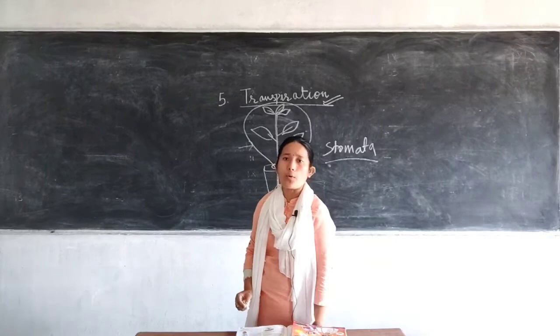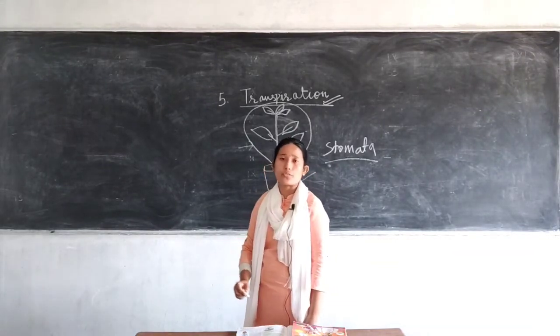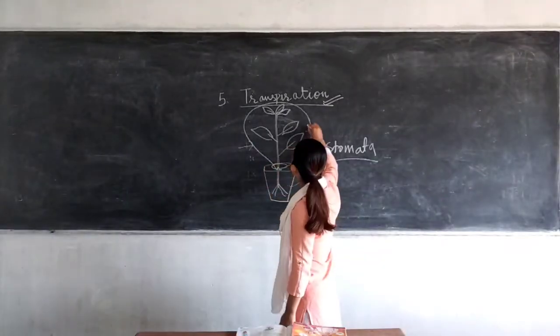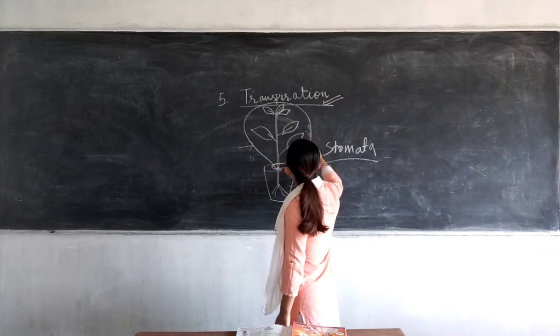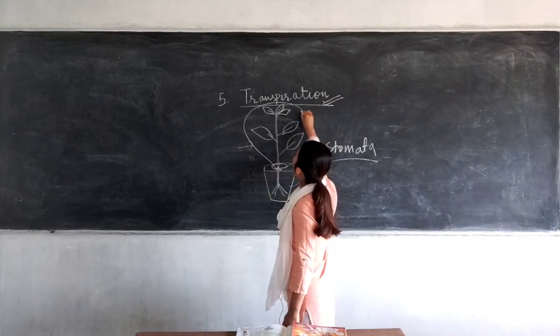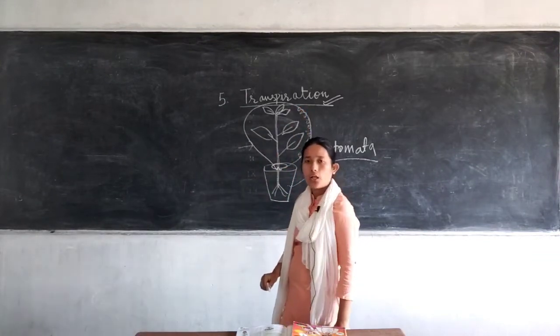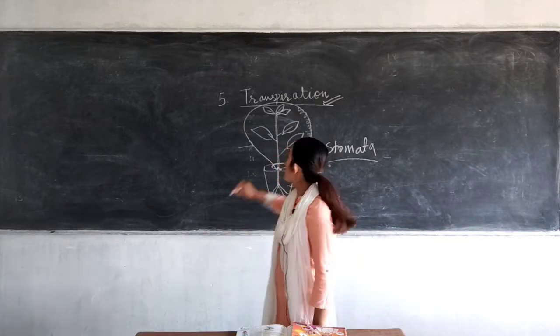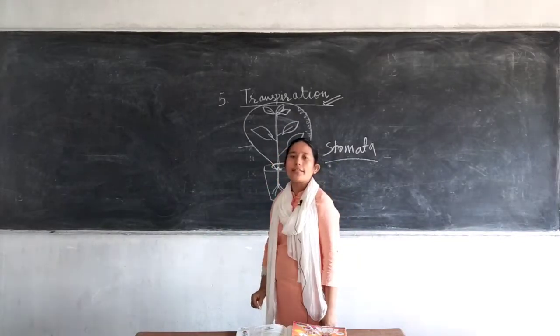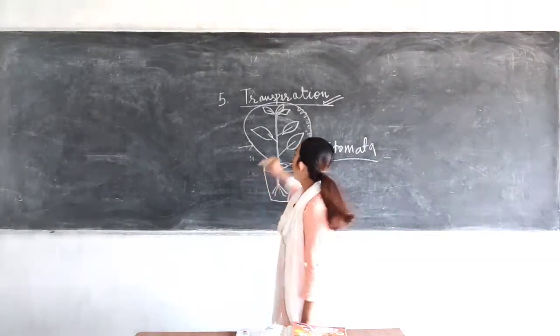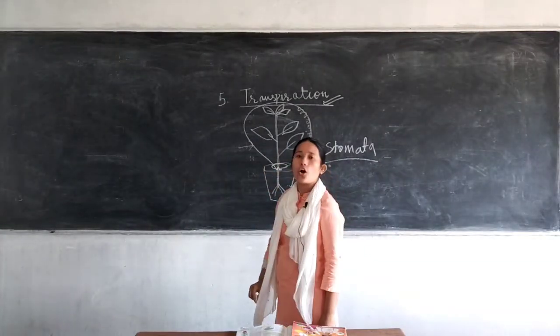Now after a few hours, what will you see? You will see a few droplets of water on the polythene bag, okay. These droplets of water indicate that transpiration occurs in the plant.